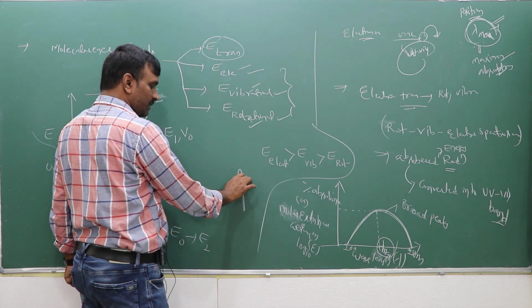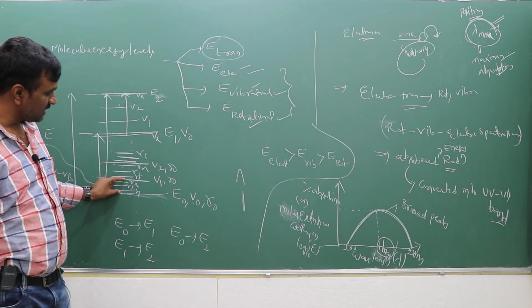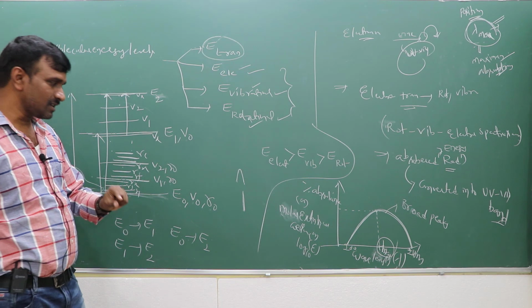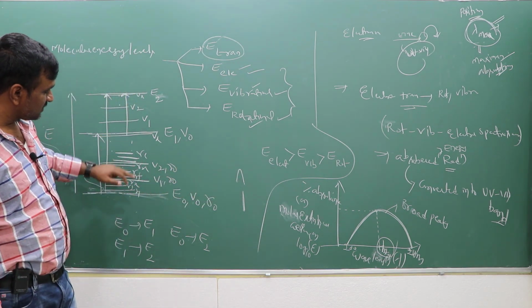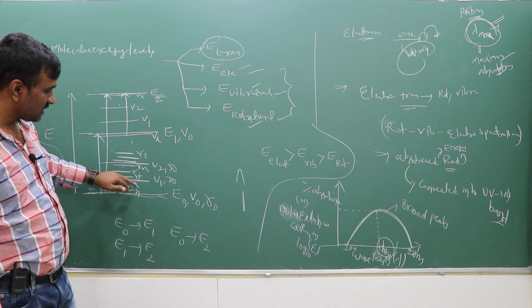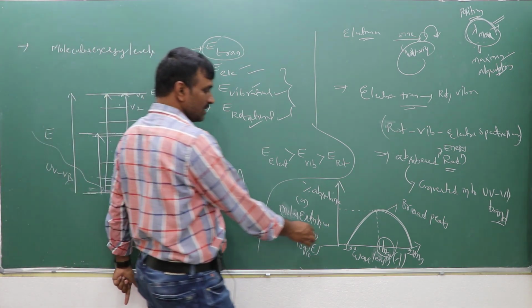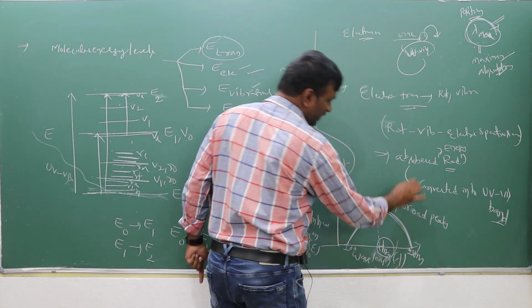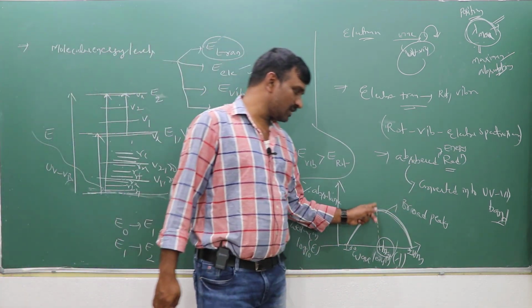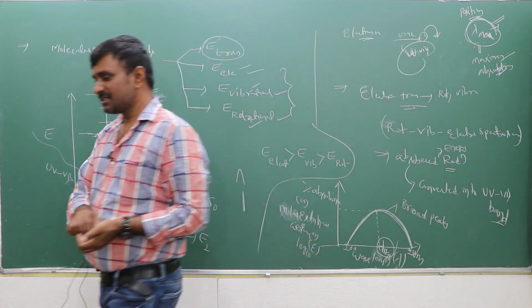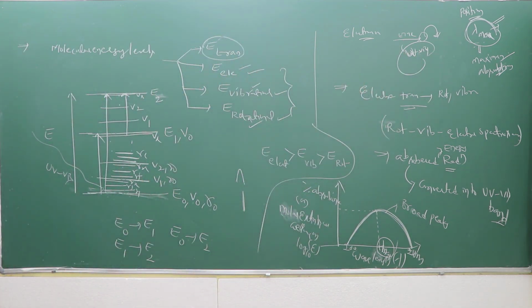In IR, V0 to V1 is already accompanied with rotational levels, so it is somewhat broad. In electronic spectroscopy, E0 to E1 is accompanied with merging of vibrational as well as rotational levels, so the signal broadness will be more. Whatever the broadness, where the maximum absorption takes place will be considered as the lambda maximum.